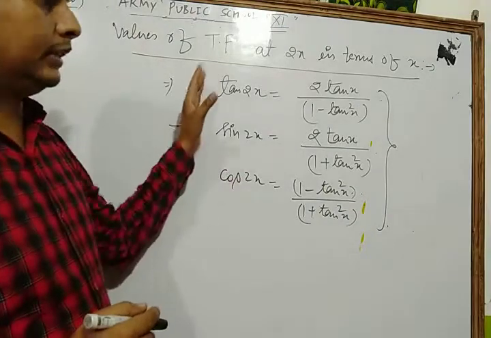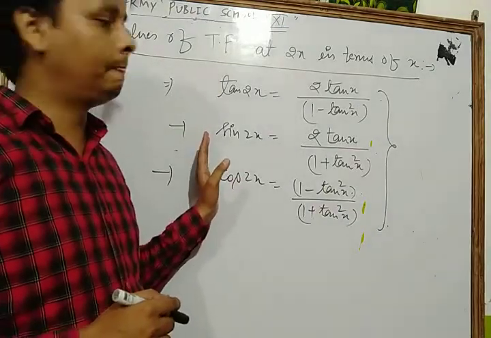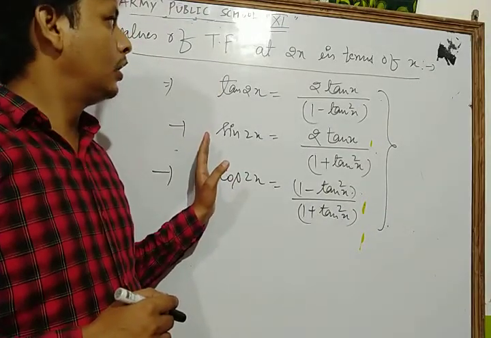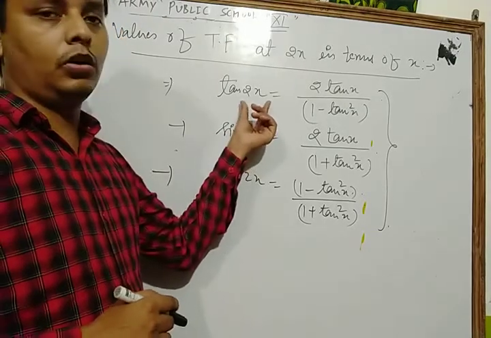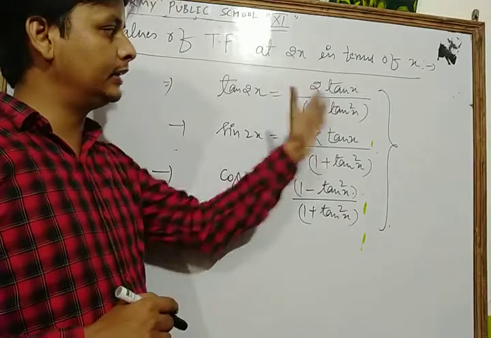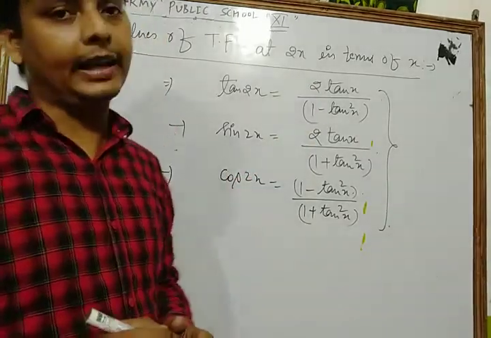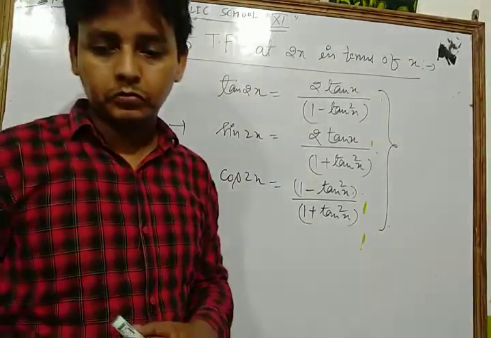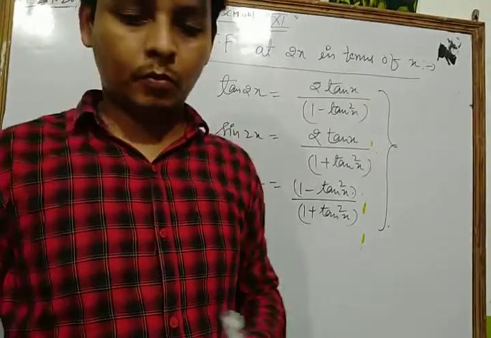so there are three important formulas, tan 2x, sin 2x and cos 2x, all in terms of tan x.